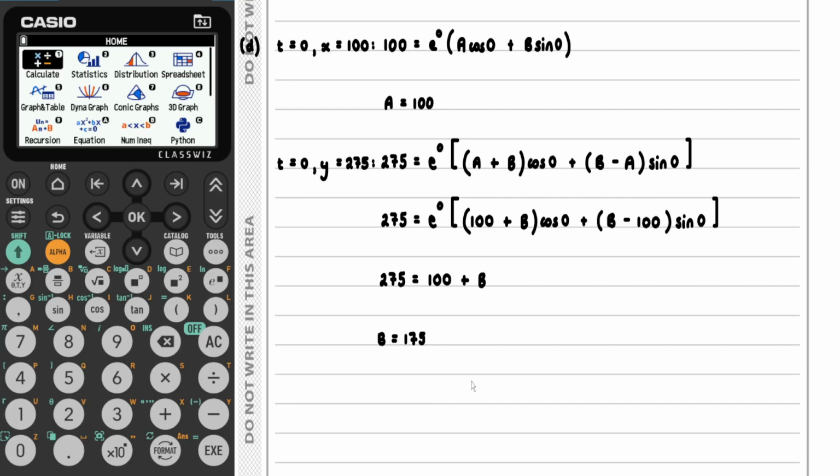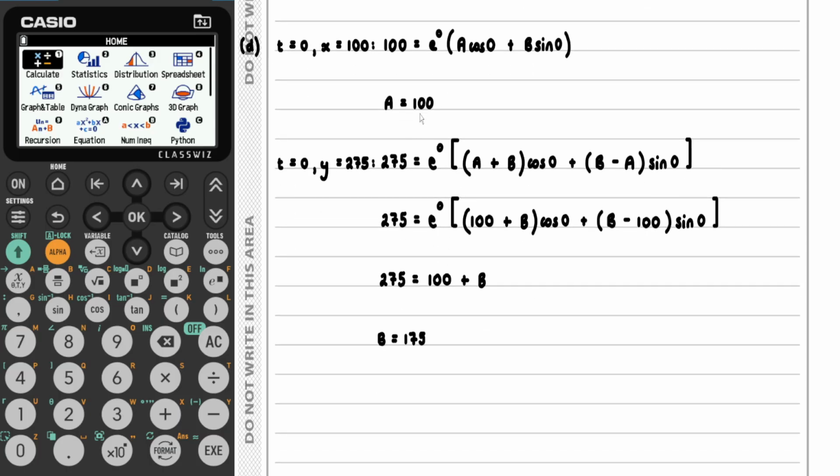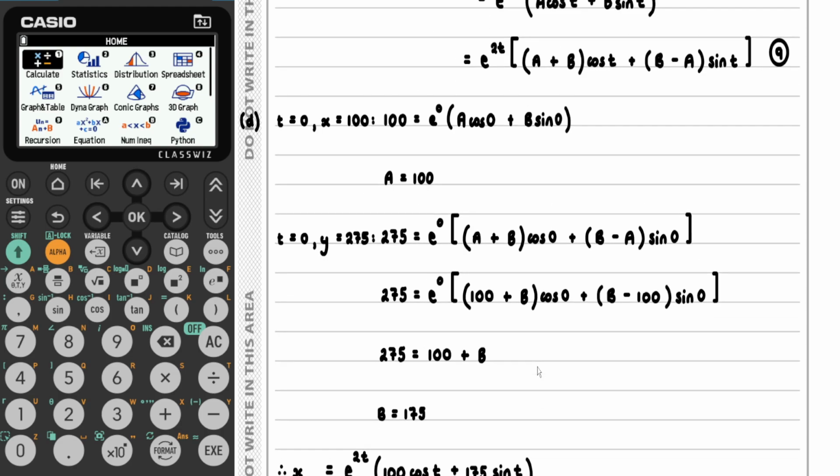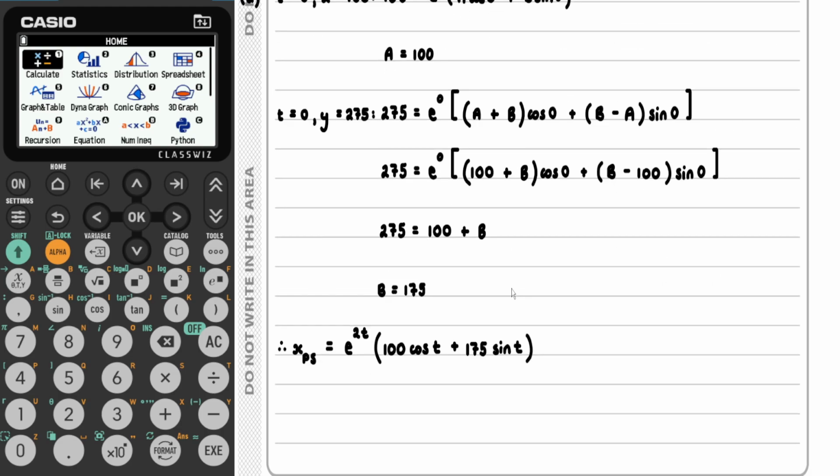So now we can state the particular solution. For x particular solution, we know what a is, we know what b is. That's 100 and 175 respectively. So the particular solution for x is e to the 2t multiplied by (100 cos t plus 175 sin t). And for the particular solution for y, we know what a and b are.